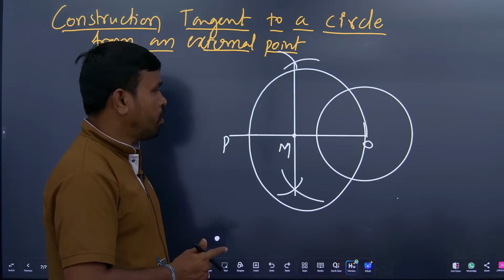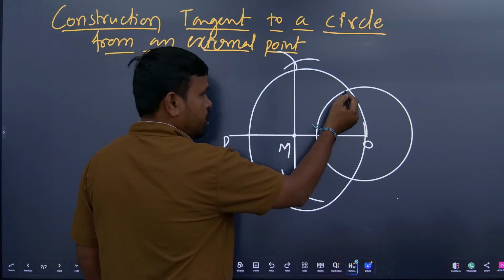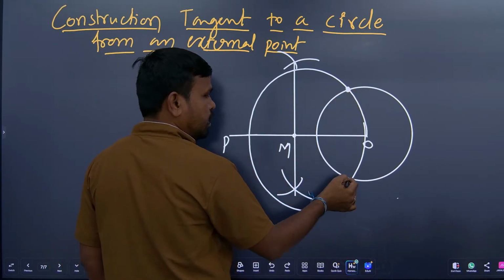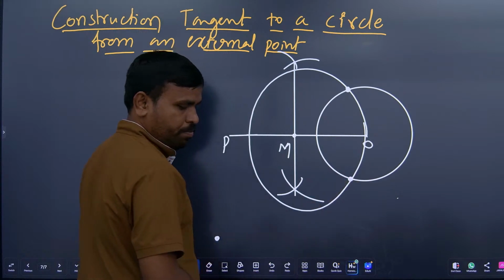Okay. Now this circle is intersecting the previous circle at 2 different points.